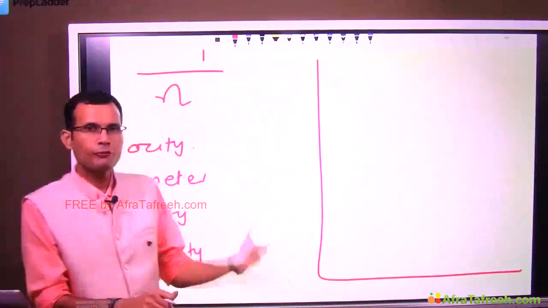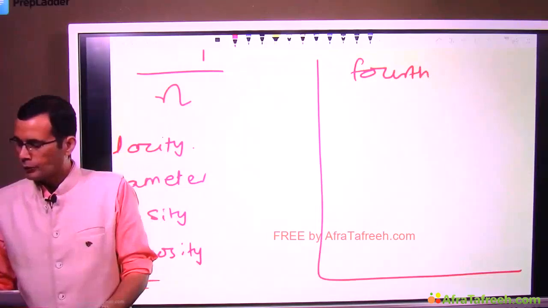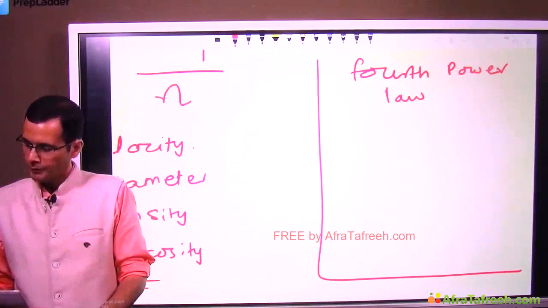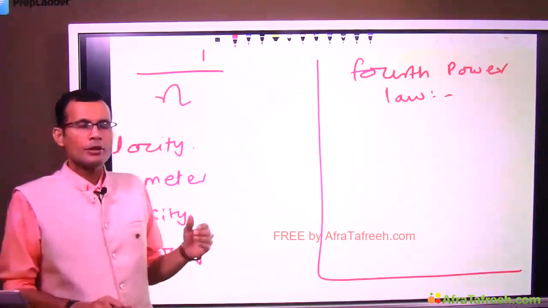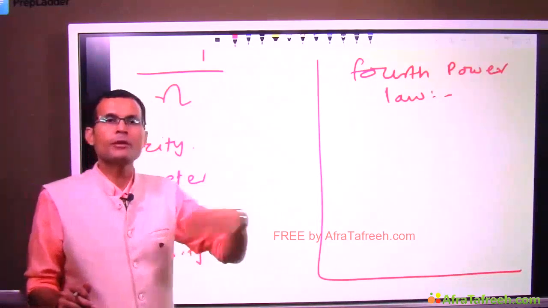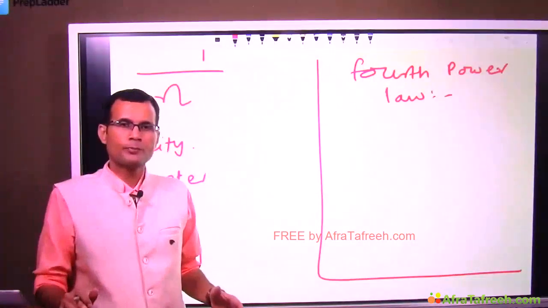Let me just add one point here. This is related to the blood flow itself. There is the 4th power law of the radius or diameter. This question has been asked a number of times. Angioplasty was performed in a patient and the vessel diameter was doubled. How much will be the increase in the blood flow?